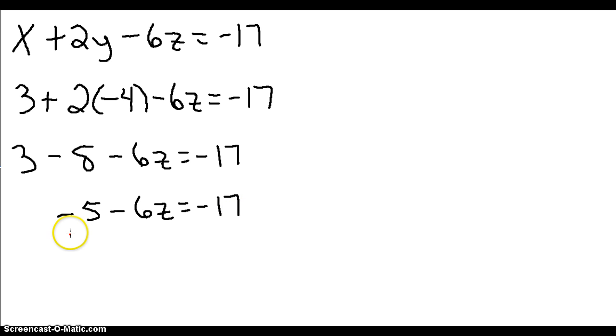The next step, we know from solving the linear equation, we're going to add 5. Negative 6z is going to give us negative 12. And then our last step to finish this off is we're going to divide both sides by negative 6.